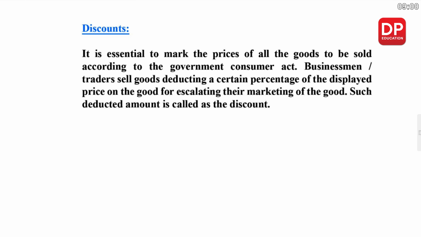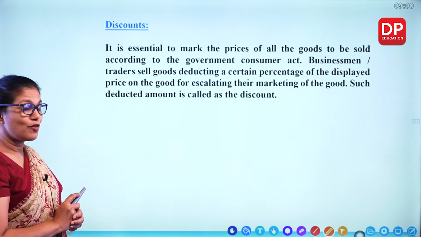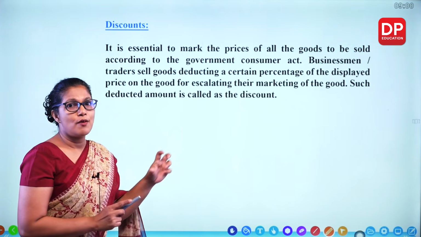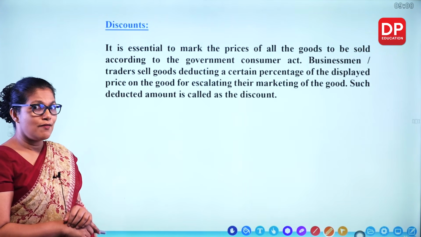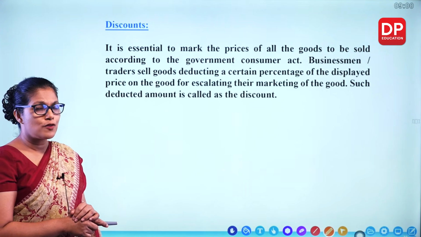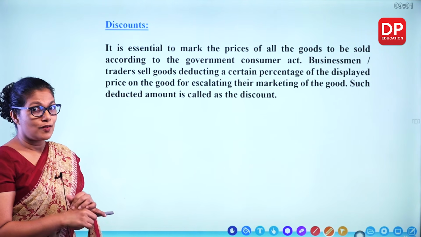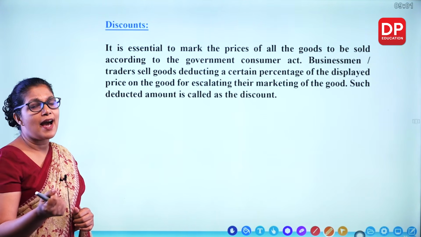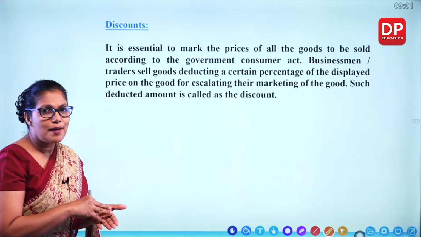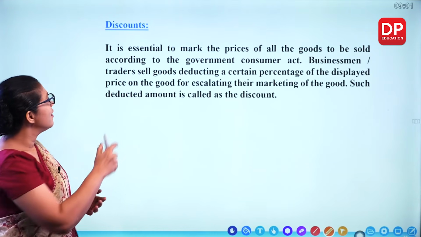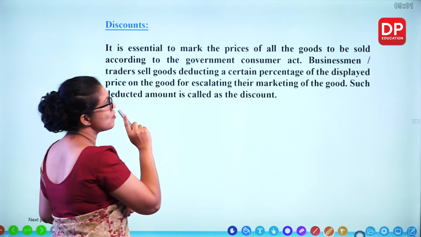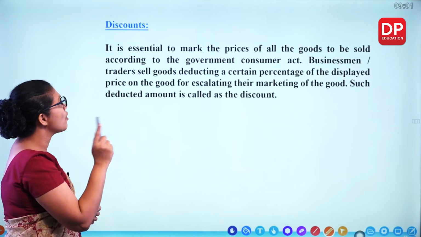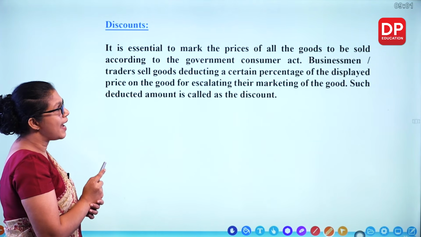Now we'll look at what are discounts. Now you have seen boards giving 10% discount, this much of discount when you go to shops. So we can buy the item for less than the marked price. So what is discount? It is essential to mark the prices of all the goods to be sold according to the Government Consumer Act.